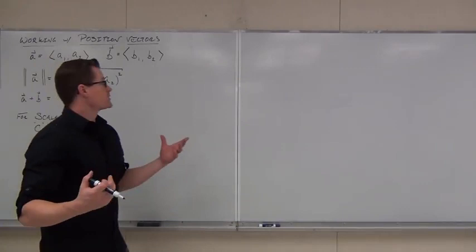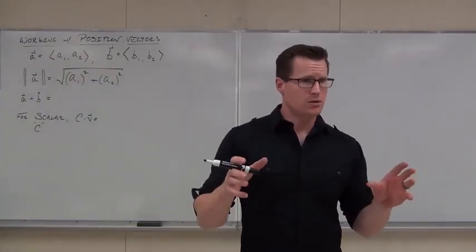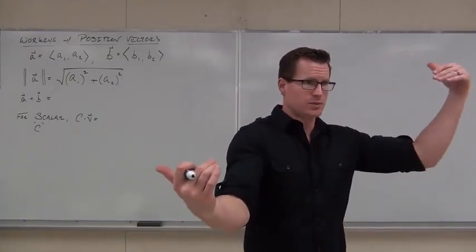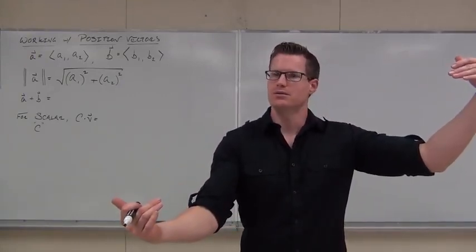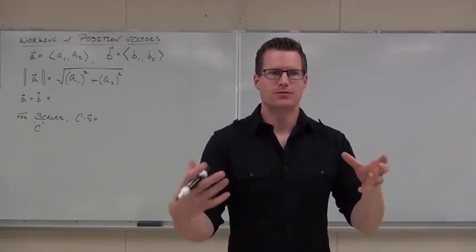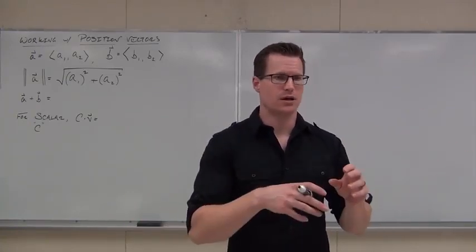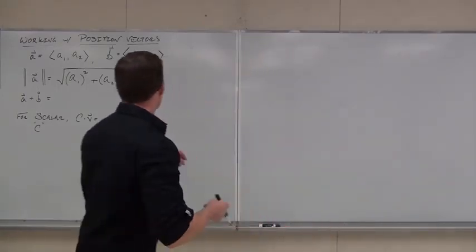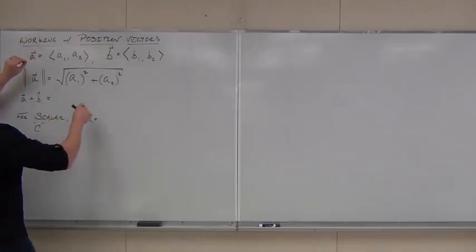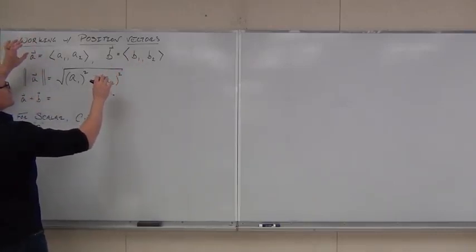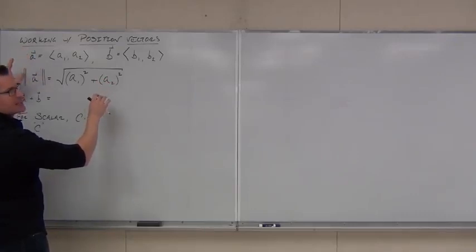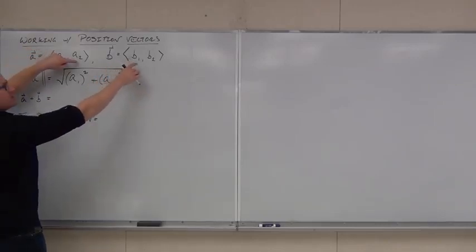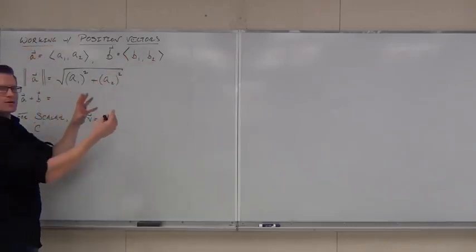If we want to add vectors together, now here's something that's really interesting. We knew that we could take vectors and put them end to end and add them, right? And go from starting spot to ultimate ending spot. Well, we can do that mathematically too. And it's really, really easy. If you want to add vectors together or subtract vectors from one another, just add or subtract the numbers. That's all we got to do. So if we're starting at the initial point of A and ending at the terminal point of B, and we want to add those vectors together, if we just add these component by component, that takes care of vector addition for us.